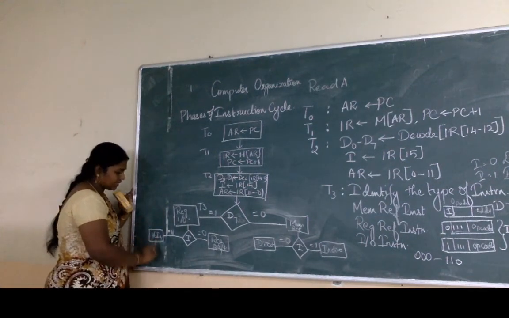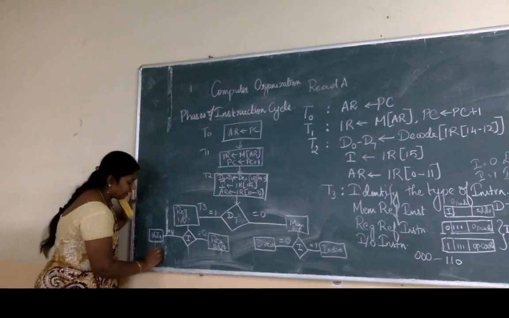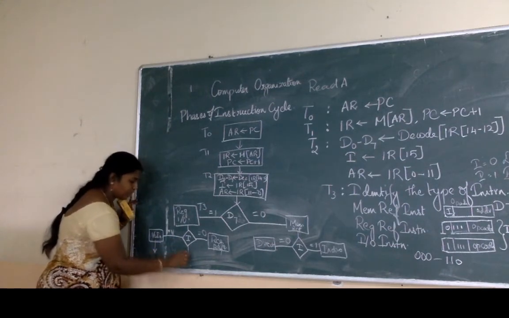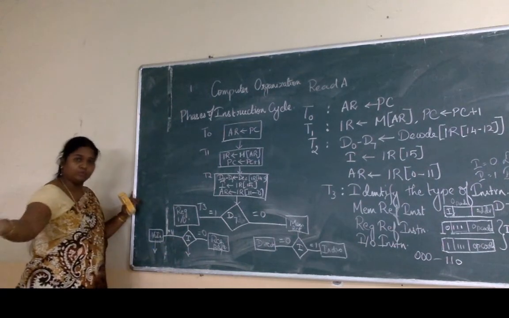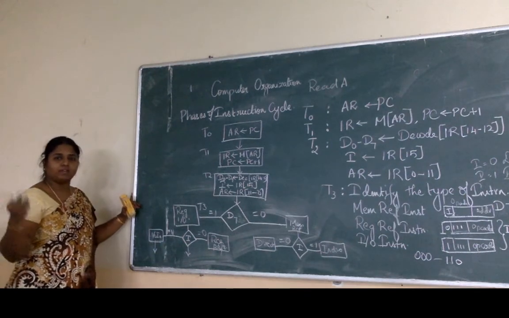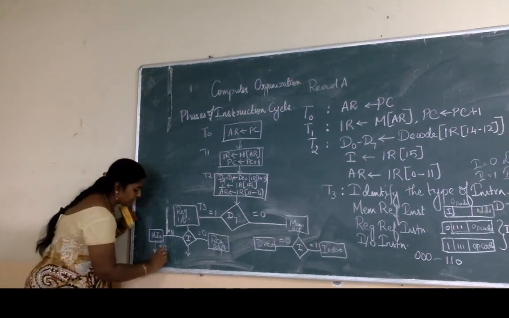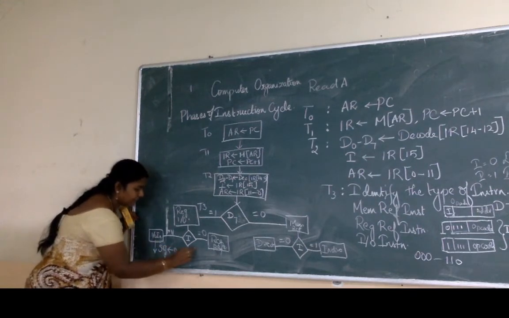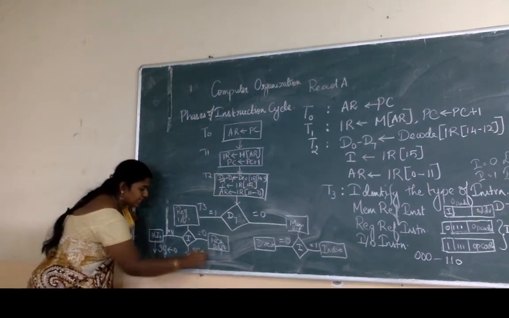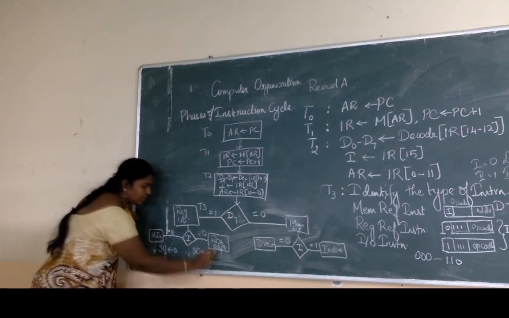Once the instruction is completed, however many cycles it takes, I can take T4 to T15. Any number of cycles I can take for completion of that instruction. Once I complete execution of the instruction, I am going to clear the value of SC. I am going to set the value of SC to 0.